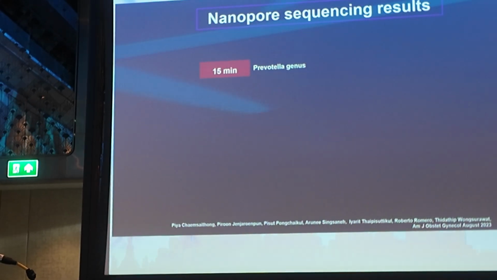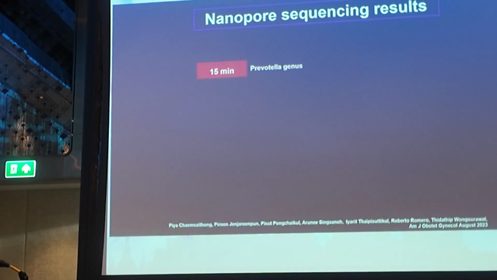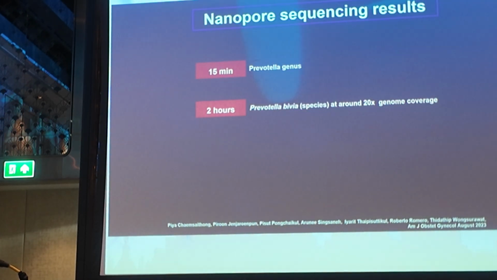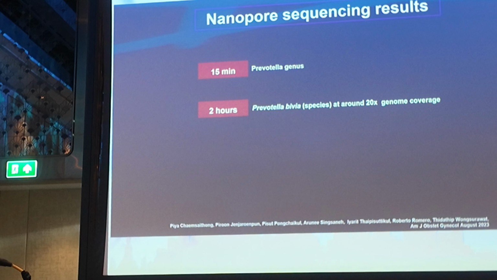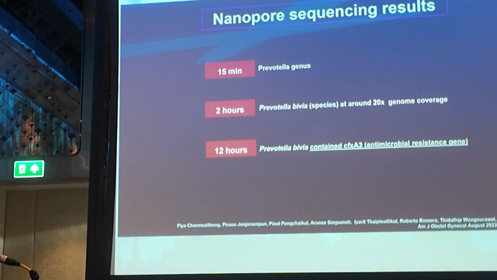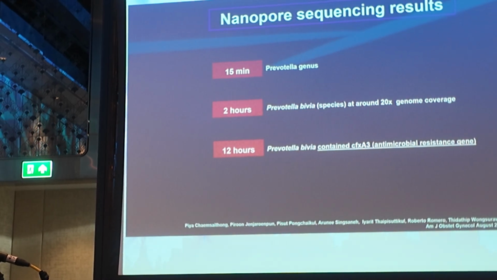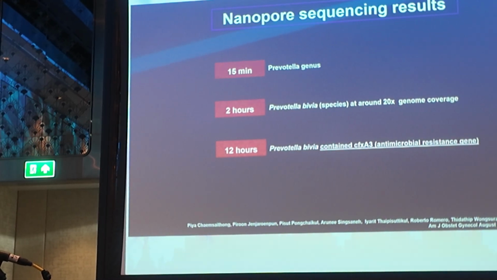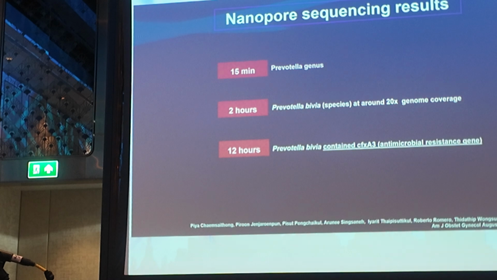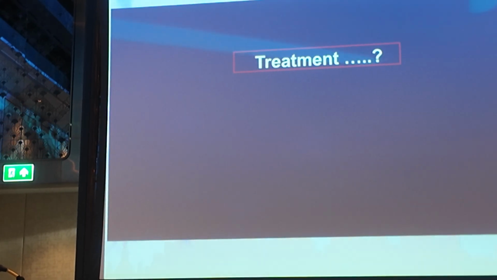But using nanopore sequencing, in 15 minutes, it was possible to identify Prevotella. In 2 hours, the species Prevotella bivia. And in 12 hours, Pia and her colleagues were able to determine that the organism had an antimicrobial resistance gene. So this is the future of molecular diagnosis of infection.